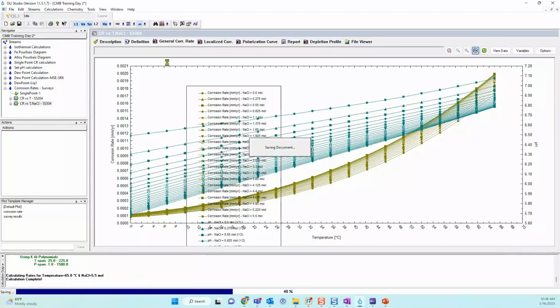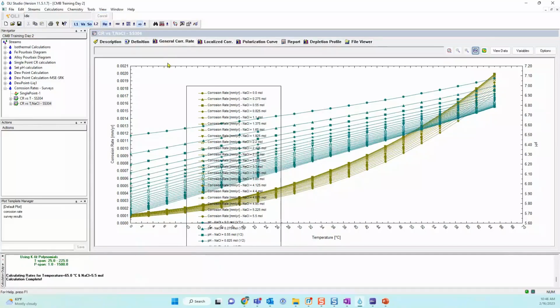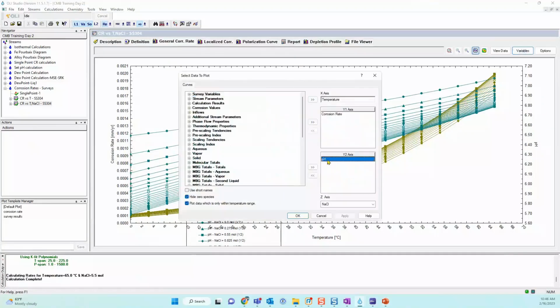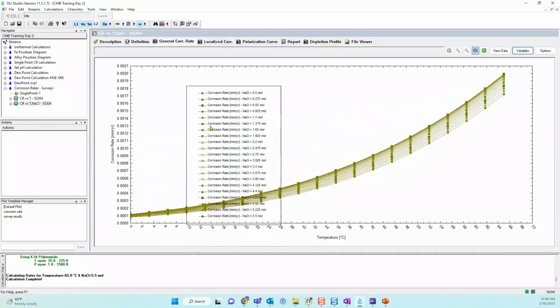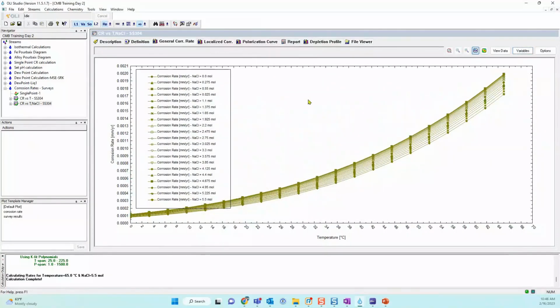Save. But sometimes this view is not as easy to understand what's going on, right? Maybe if you would remove the pH, you can see better, but your legend is really big, etc. So you can see here that as the temperature increases, overall the corrosion rate increases for this carbon steel.